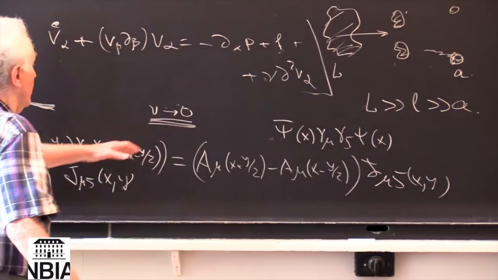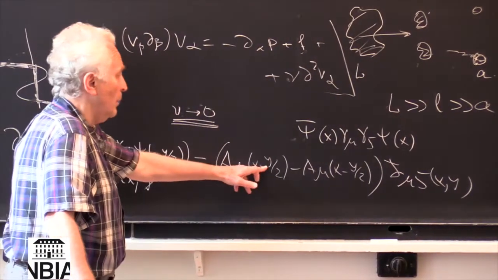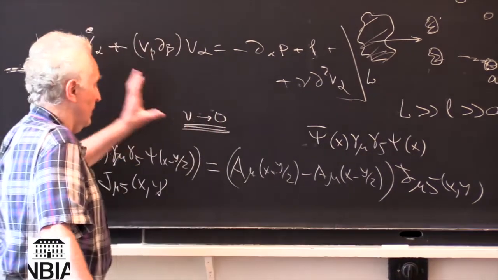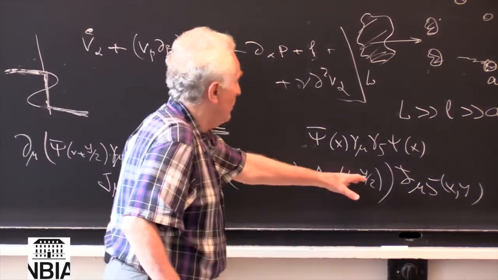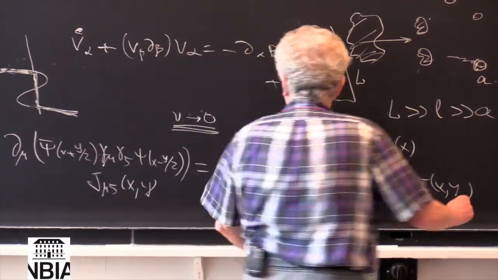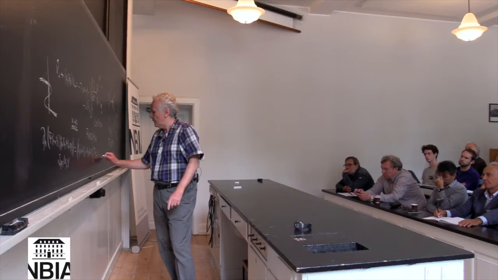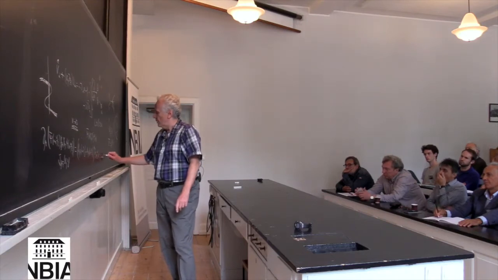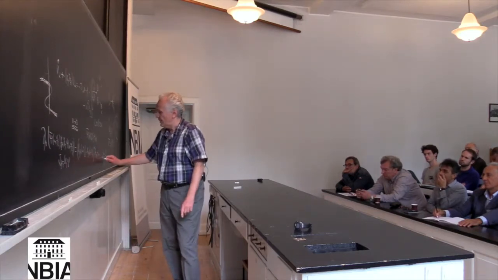Classically, as y goes to zero, you get zero, but we know from the singularities of this thing that the divergence will tend to F F dual, the famous result.